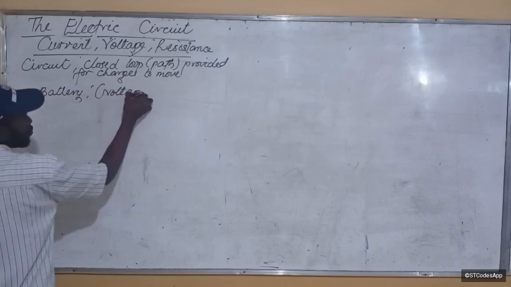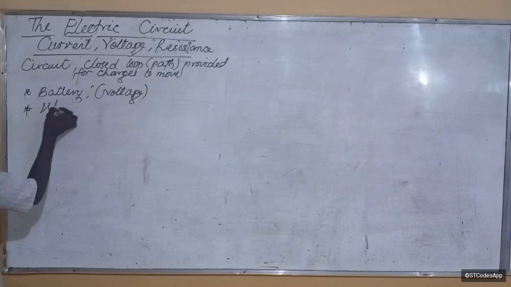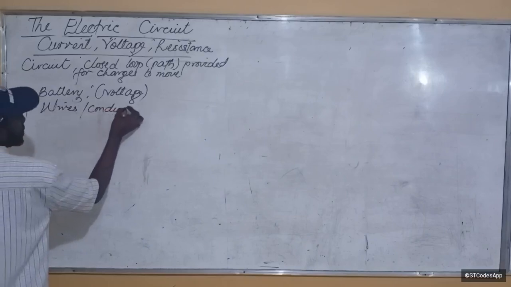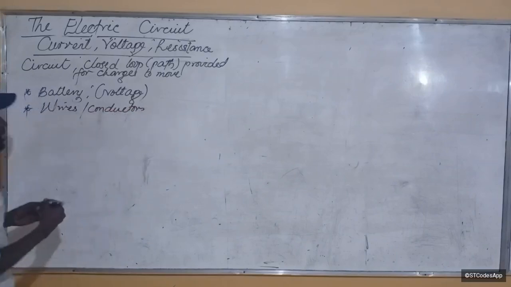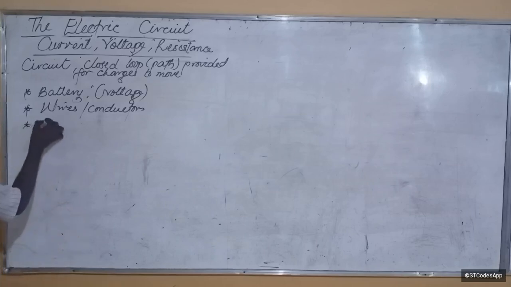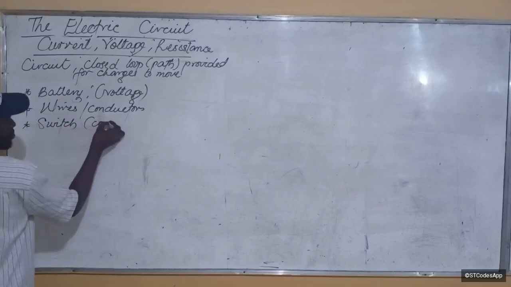So we're going to be talking about voltage. We have the wires itself, or conductors, that make up the largest part of the loop. And then there is the switch that completes the circuit.